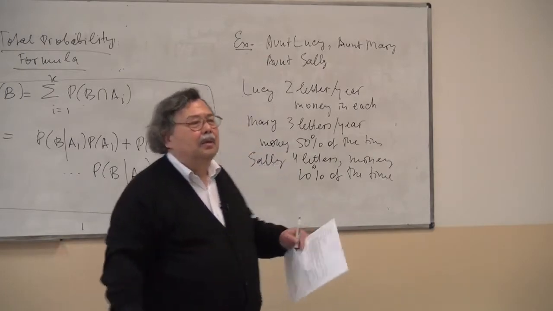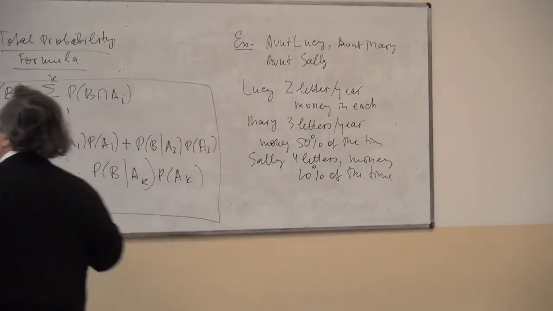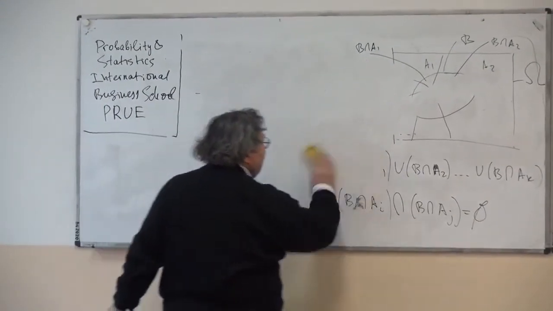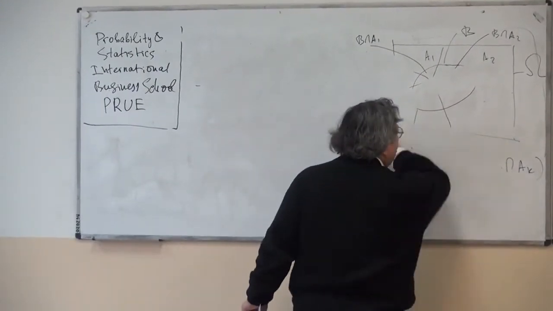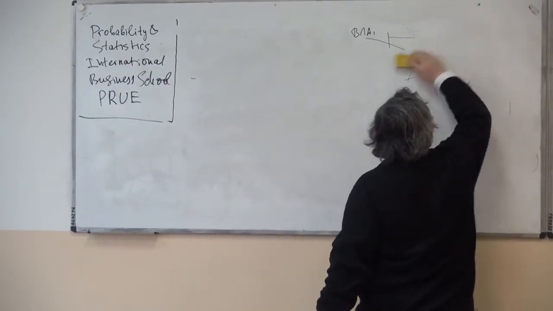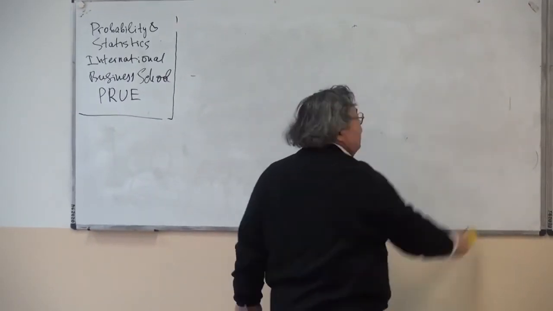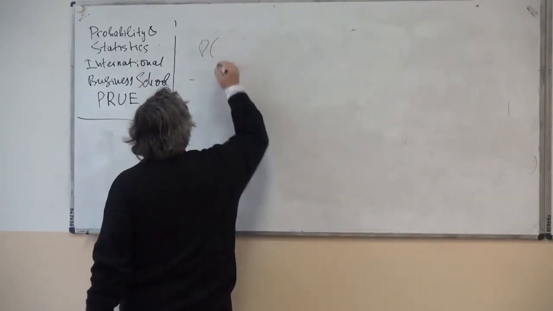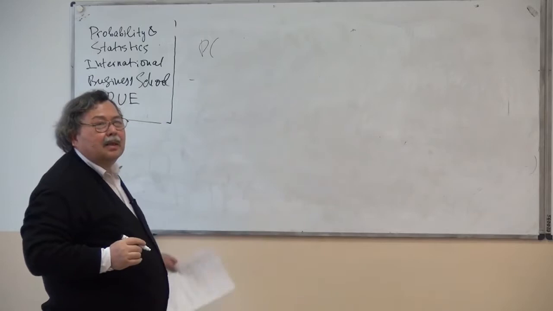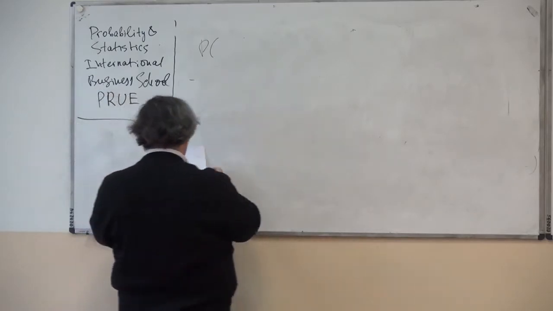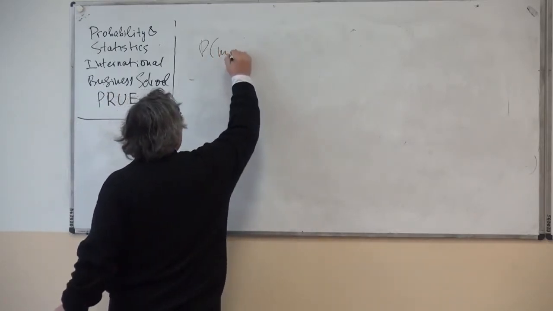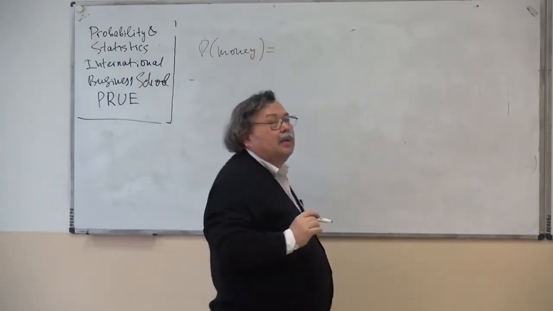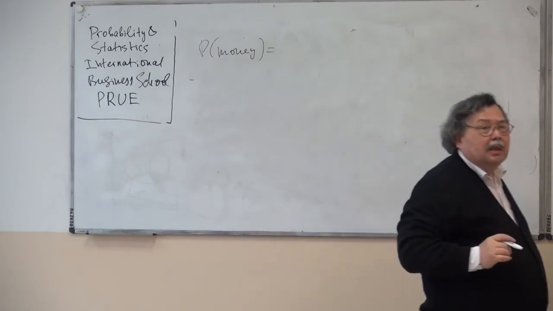And here we use the total probability formula. So, the probability that this unsigned letter contains some money can be computed using, now, what is the partition here?